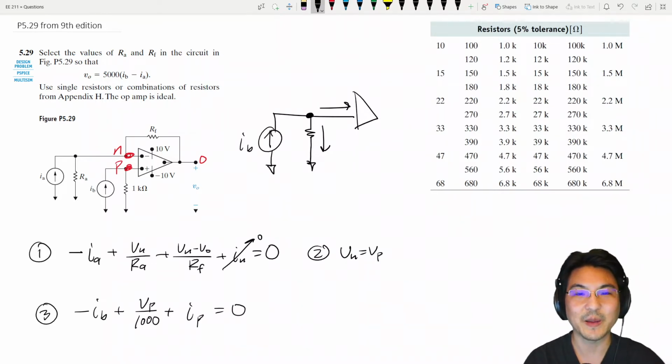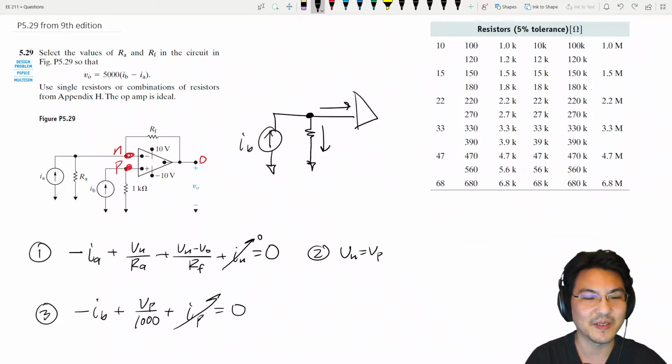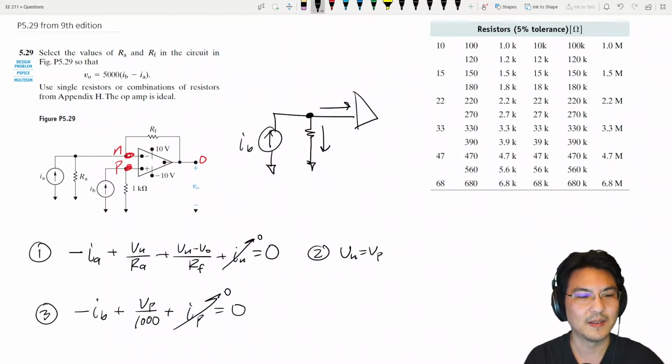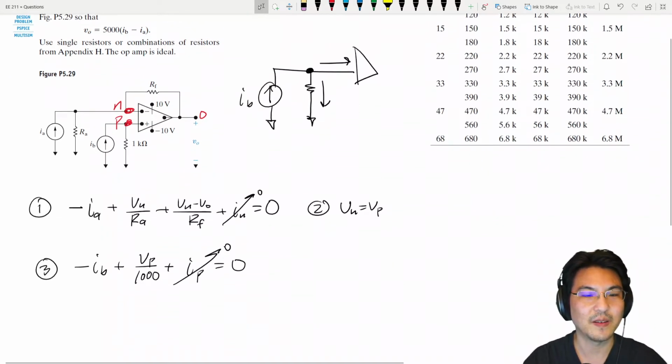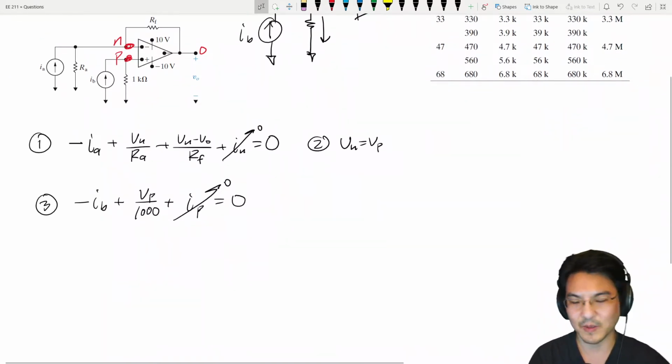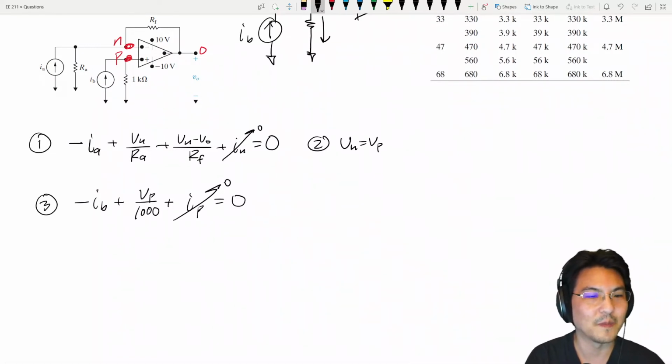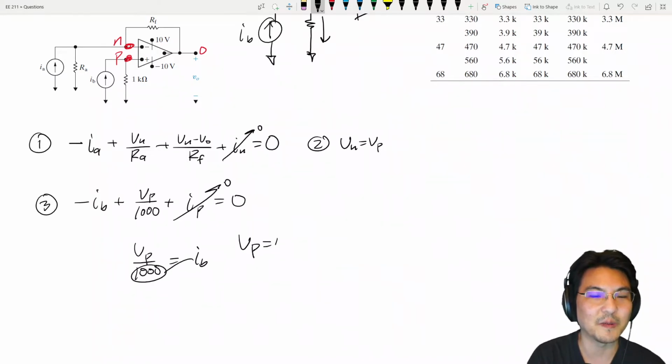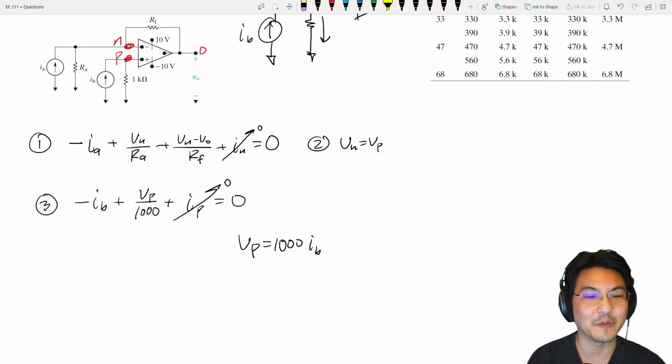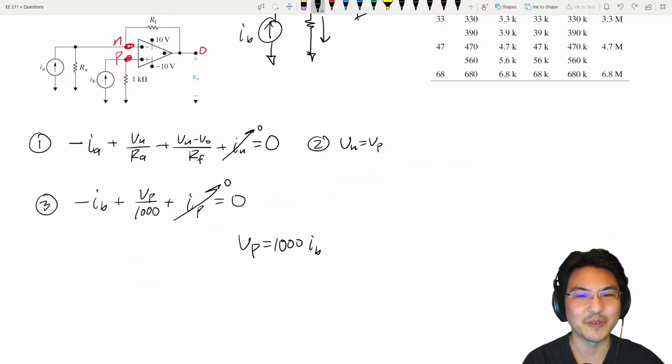Okay, so for an ideal op-amp, this is 0. This is 0. That means we have an expression for Vp. Let me just write that. So let's see. Vp over 1000 equals IB, and then just move this on this side. Vp equals 1000 IB. And then we just said for an ideal op-amp, Vn equals Vp.